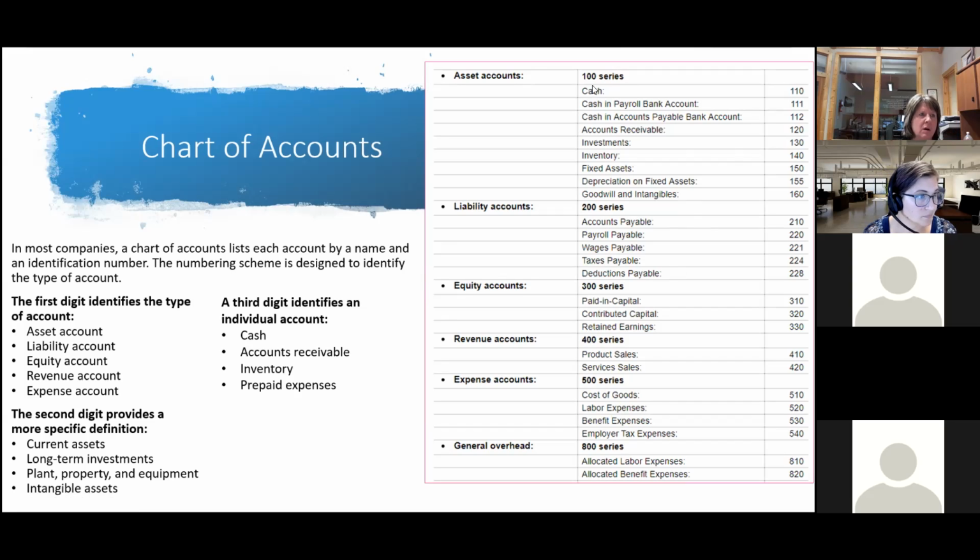So typically all companies have, in the 1000 series, these are your assets. 2000 is liabilities, 3000 or 300 starts with a 3, tends to be equity, revenue is 4, expenses are 5, overhead are 8. And if you think of larger companies, most companies have this accounting structure.